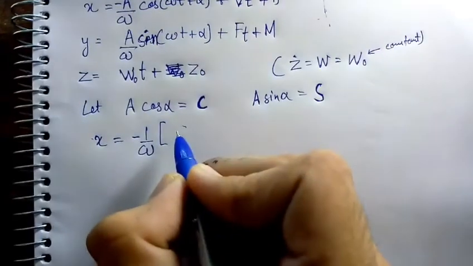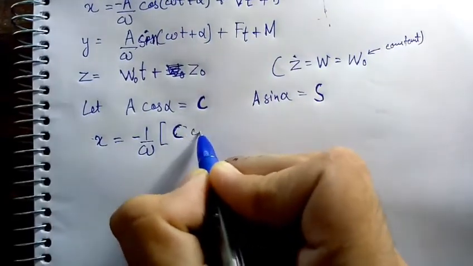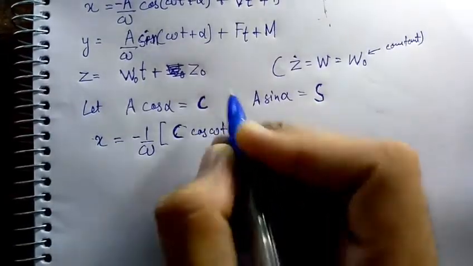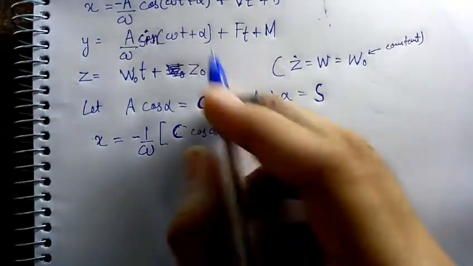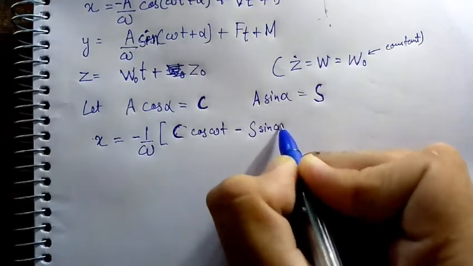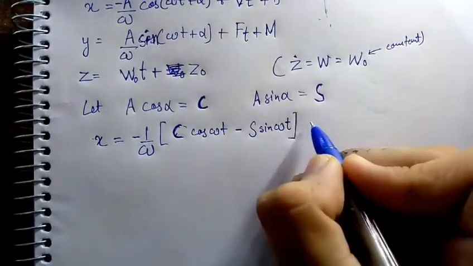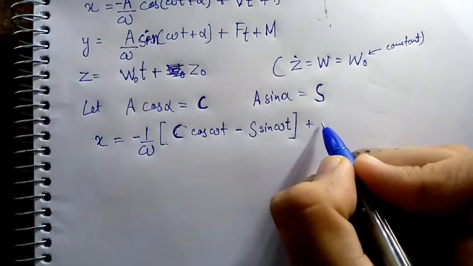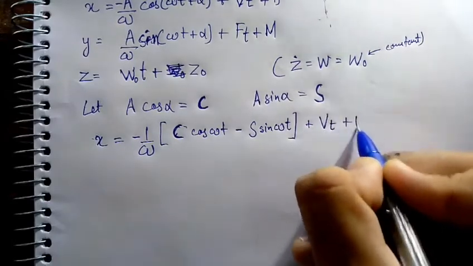A cos alpha is capital C, cos omega t minus sin omega t, plus Vt plus d.